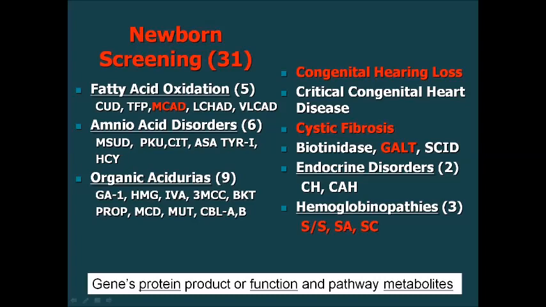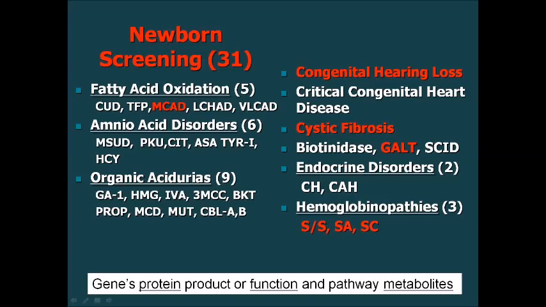And you can see in this slide that these conditions explore the gamut of possible conditions that the newborn can be screened for: fatty acid oxidation disorders, amino acid disorders, organic acidurias, congenital hearing loss, critical congenital heart disease, cystic fibrosis, and a number of other conditions that are not necessarily metabolic, endocrine disorders and hemoglobinopathies.